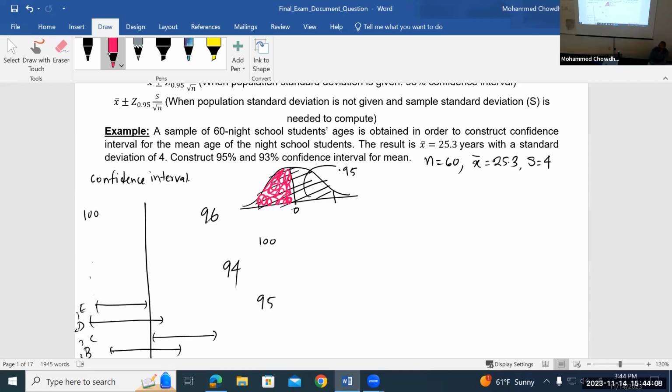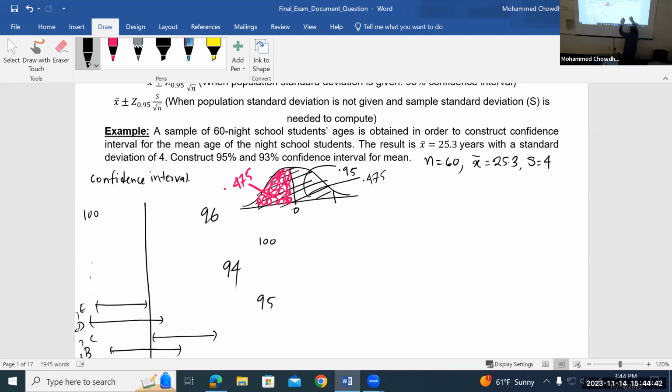This is the 95 shaded area. It is symmetric, so the red part is 47.5, right? And that is also 0.475. Do you understand this or not?